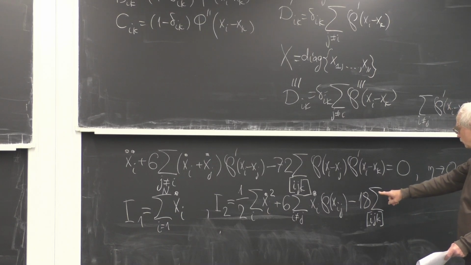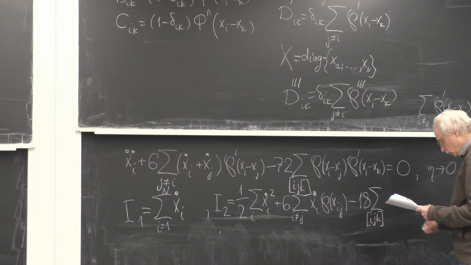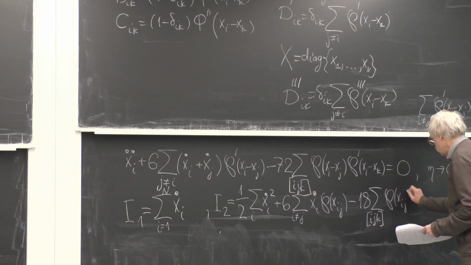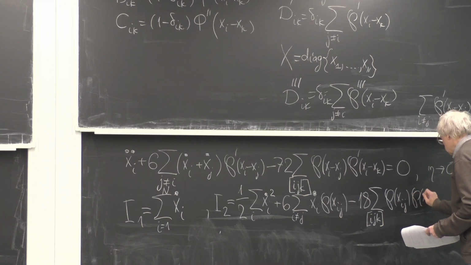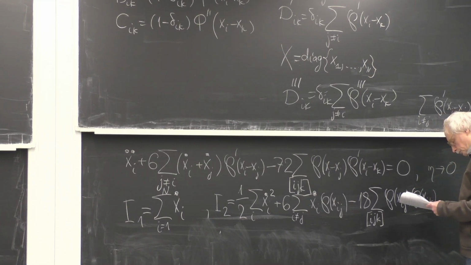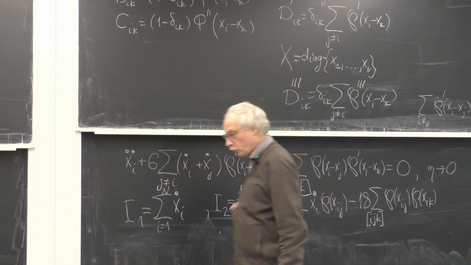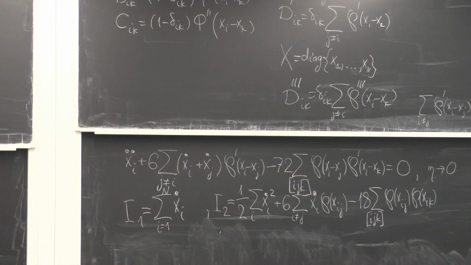Again, this is a sum over all distinct indices. A problem for you is to prove that they are conserved by a direct calculation.